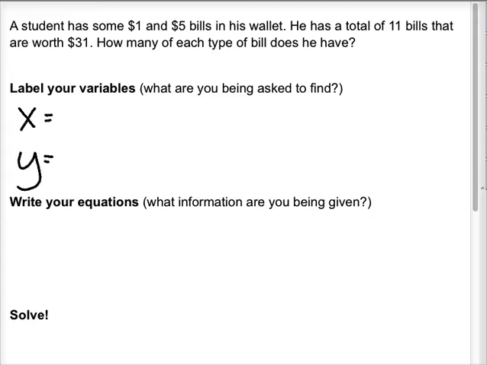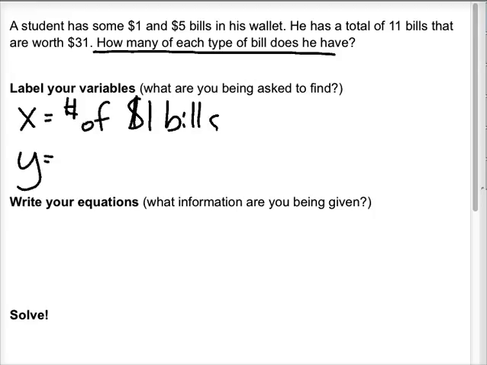What are my variables? What do they mean? Well, it's asking how many of each type. So X is going to be his number of $1 bills. Y can be the number of $5 bills.